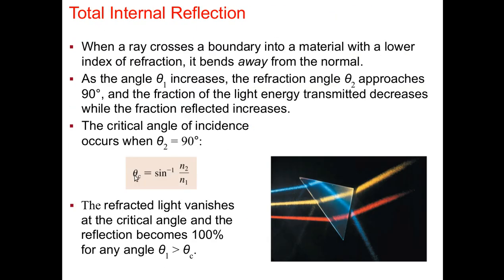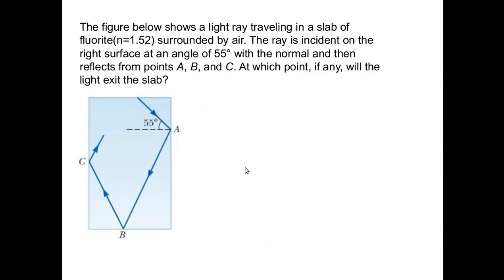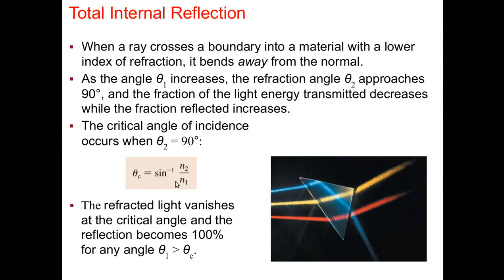So that's what we did here, but now the indices are switched because it's just a notation thing. We're going from n1 to n2, but n2 is less than n1. So we're going from a high index of refraction to a low index of refraction. So this is my expression.